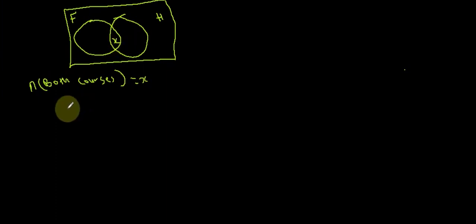The next thing they told us is that the number of people offering French is 20. So we have 20 people offering French. Now out of these 20 people, X people are still doing history. So this part of the circle is meant for those offering French only.